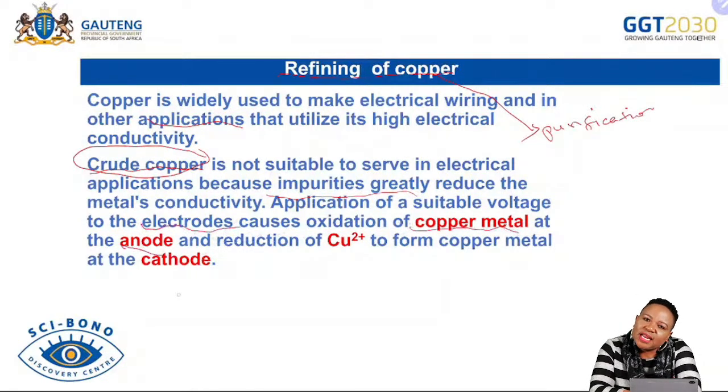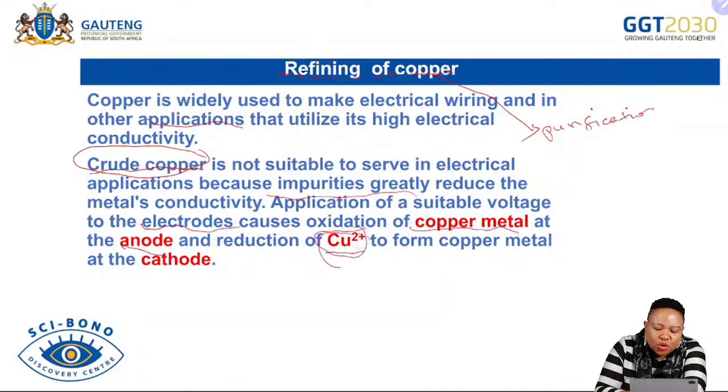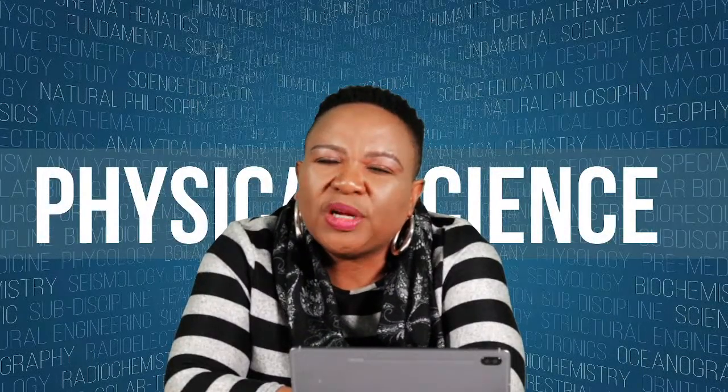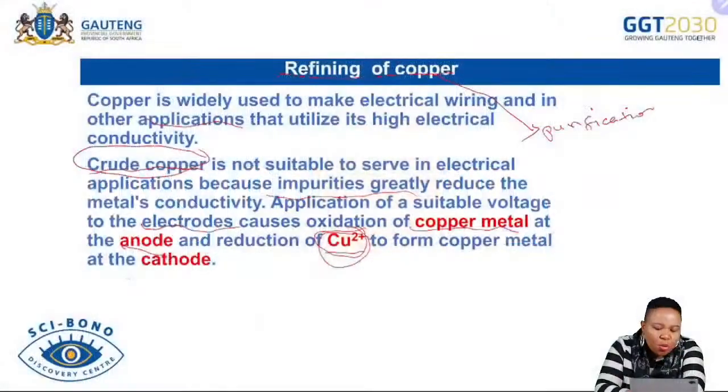As we have seen from the electrolysis of copper chloride, for us to form copper, we need the ions of copper to undergo reduction and be reduced to pure copper. Therefore, we'll also need an electrolyte that will have copper 2 plus ions that will be able to gain electrons and form copper.